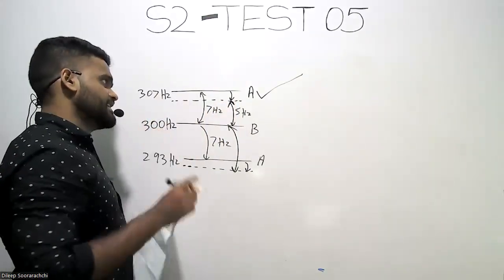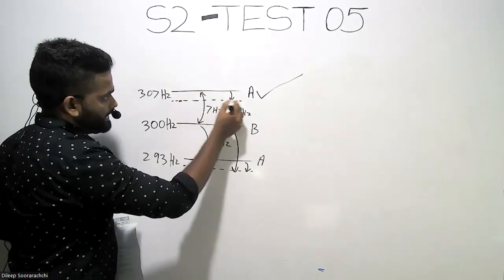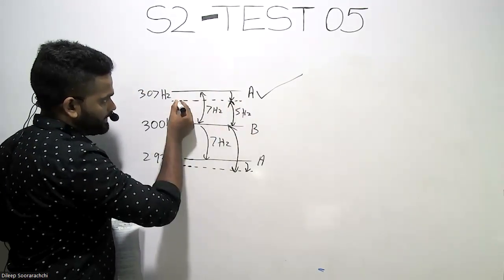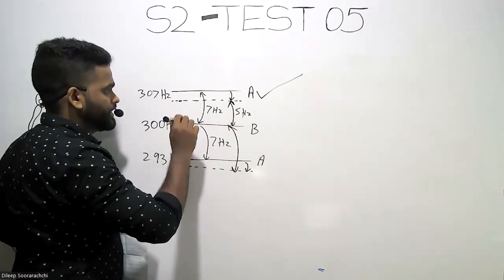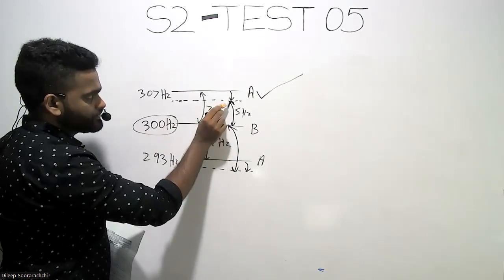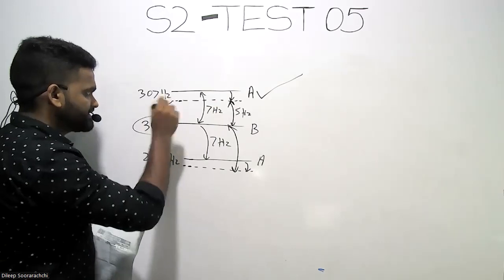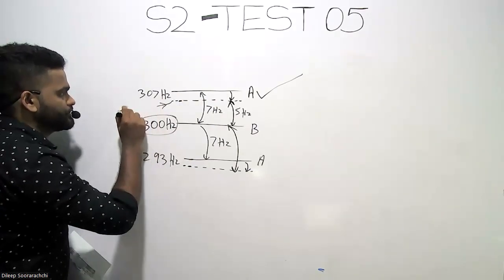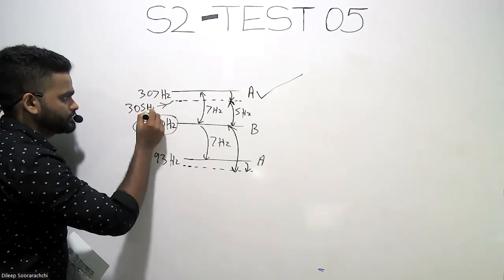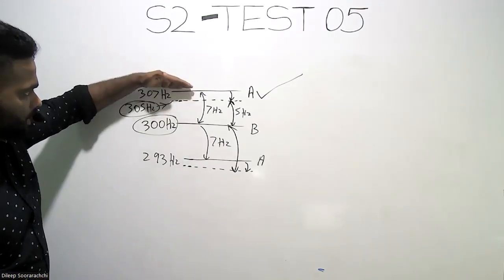So what they ask is the frequency level of A after wax is applied. Now this frequency is 300. Now the beat frequency is 5 Hz. So after wax is applied, frequency of A should be 305 Hz.